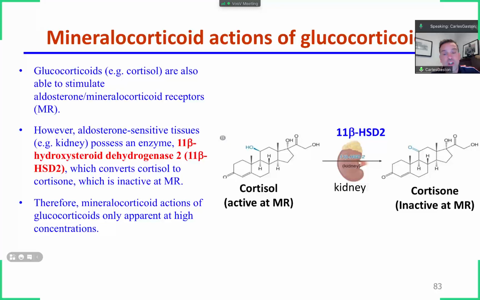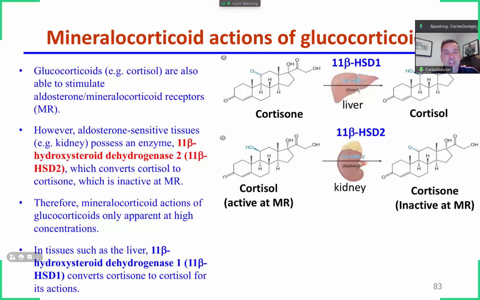Therefore, mineralocorticoid actions of glucocorticoids are only apparent in high concentrations and in tissues as, for example, the liver, because the liver contains, right, the 11 beta hydroxysteroid dehydrogenase, which converts the cortisone into cortisol.